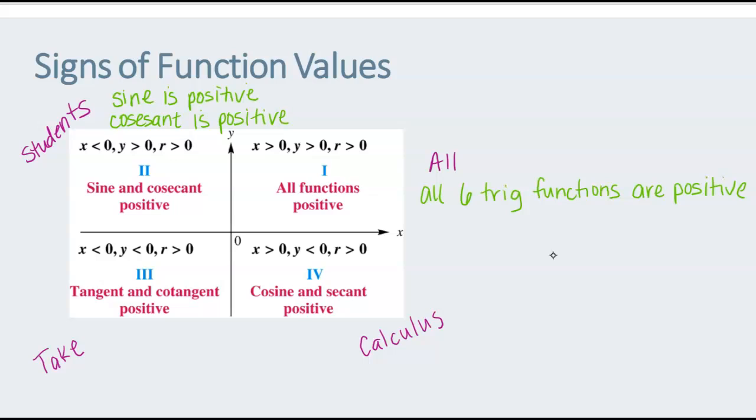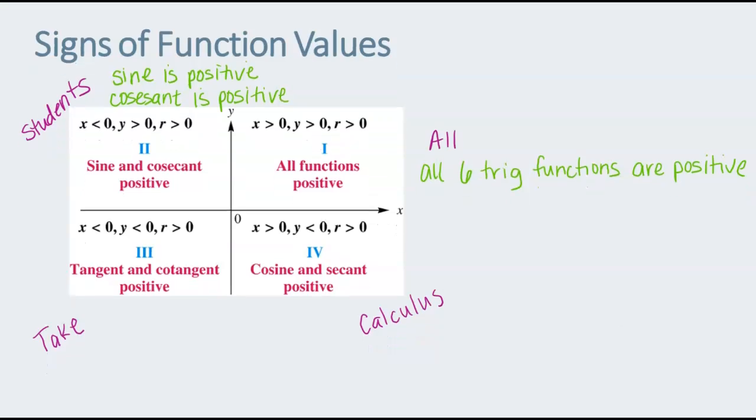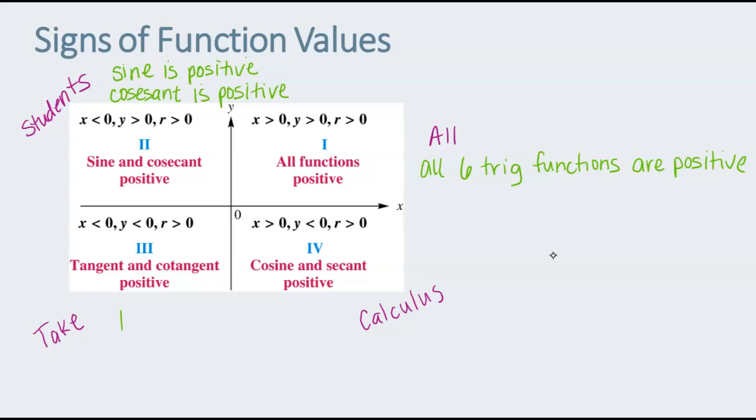All the other 4 are negative. In the third quadrant, tangent is positive. And because tangent and cotangent are reciprocals, cotangent is as well. All the other 4 are negative.